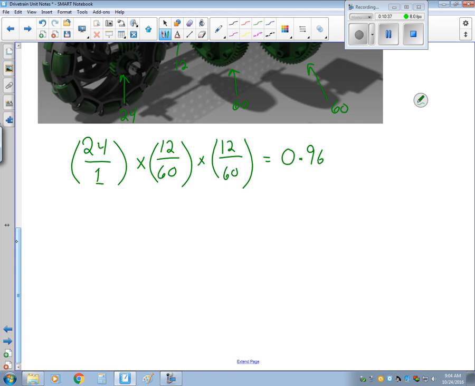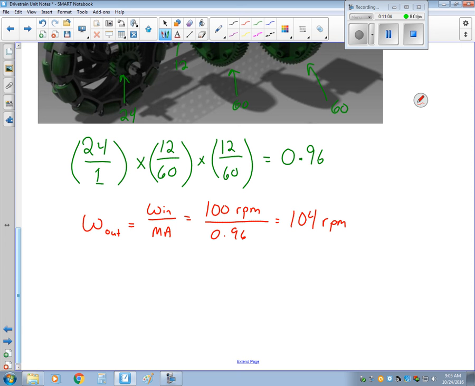So looking at this particular system, I can go ahead and calculate the output rotational speed. For us, the input speed, say it's a regular motor or default, and we get 104.